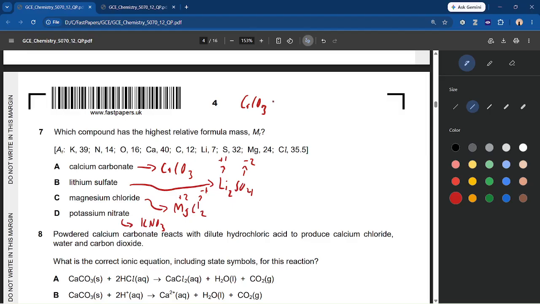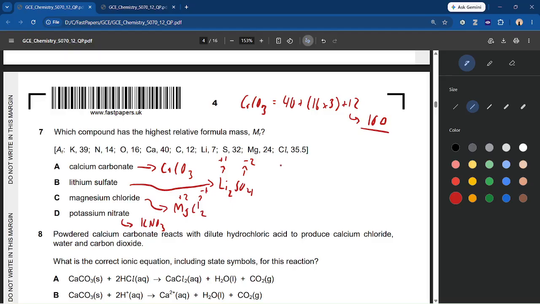All right, so let's figure out the molecular mass. Calcium carbonate is 40 plus 12 plus 16 into 3, because they've already mentioned O is 16, which is 48, so this gives you 100 even.